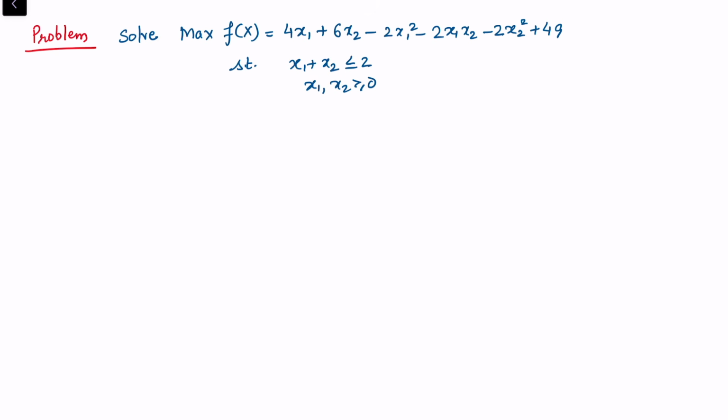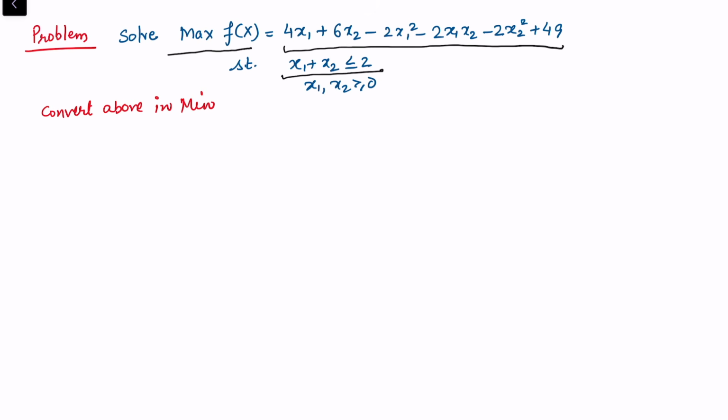We now consider this problem, where we want to find the maximum value of f(x). We see that this is not linear. It is a non-linear function because of the square degree appearing for the variables x1, x2. And then we have one constraint. As this is an objective function for maximization, let me rewrite it as minimization, so that we can check whether the function is convex or not.